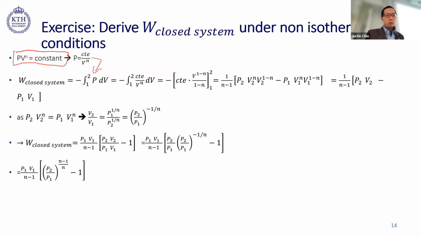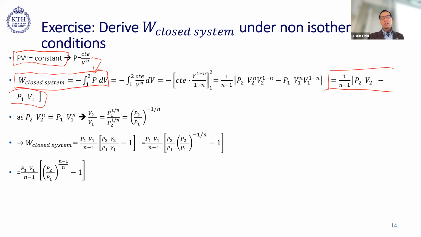So minus PdV, that is a definition, right? So this one is always true. And we just replace the P inside by constant over V to the power of n. By integrating it, we get to this term here.